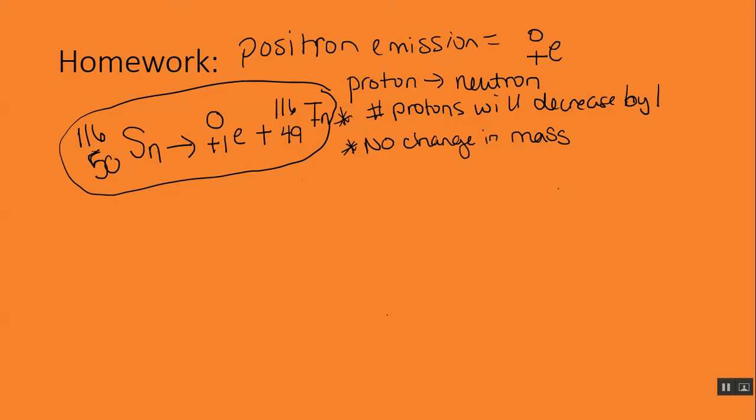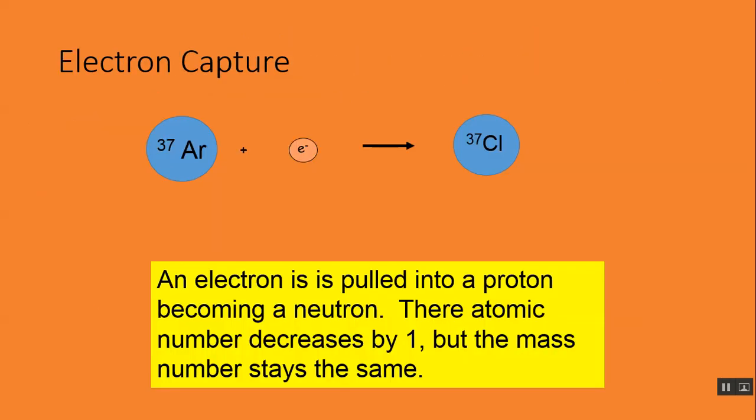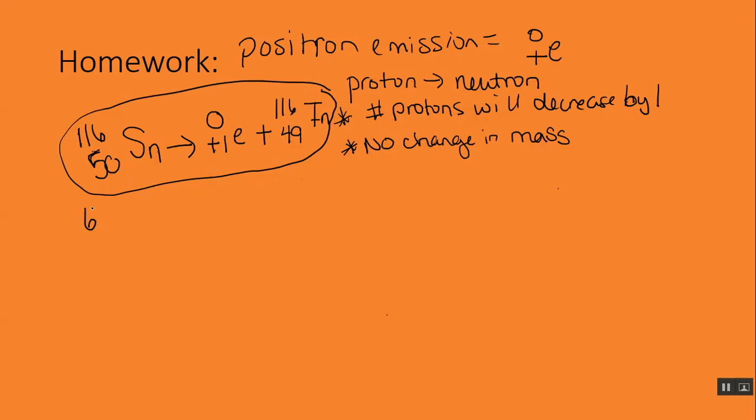Alright, let's look at the second one real quick. It says copper 61, so we've got a mass of 61. We've got copper, which is atomic number 29. Remember, because it is positron emission, that first blank is going to be a positron.